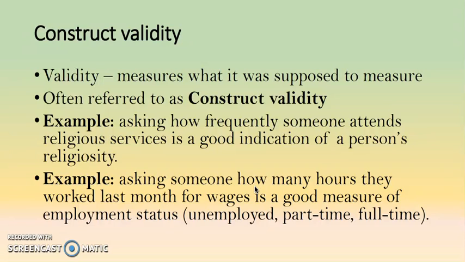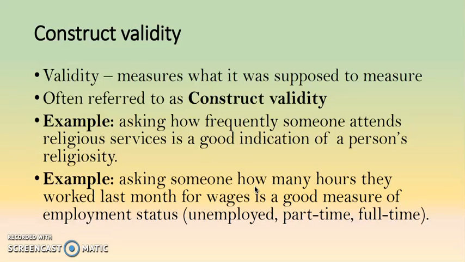One specific aspect or concept of validity is construct validity. So validity overall: is it getting at the truth? Is it measuring what it was supposed to measure? And this specific concept is referred to as construct validity.